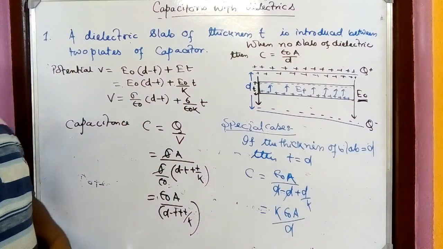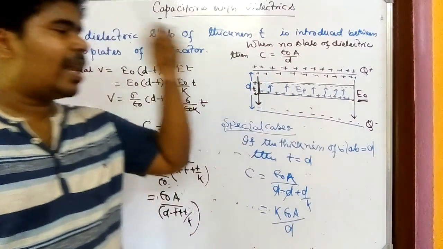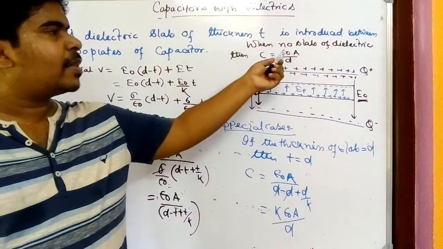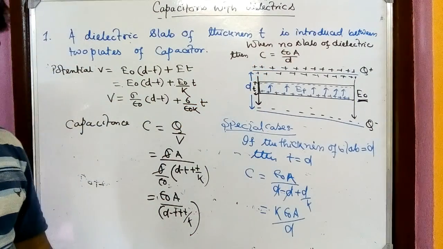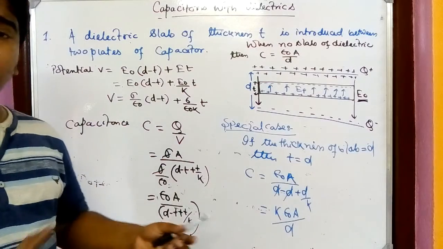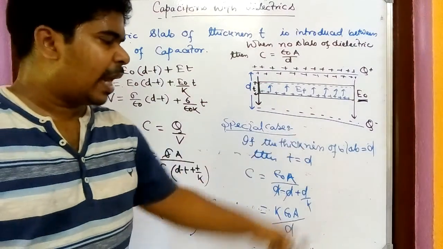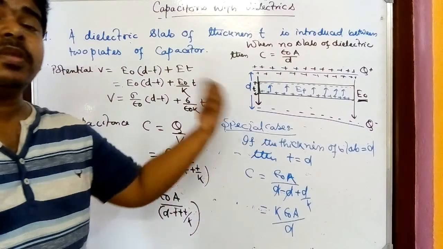So you see, initially when there is no slab, the capacitance is epsilon naught A by D. But when you introduce the slab with its thickness equal to the whole gap, it is K times increased.